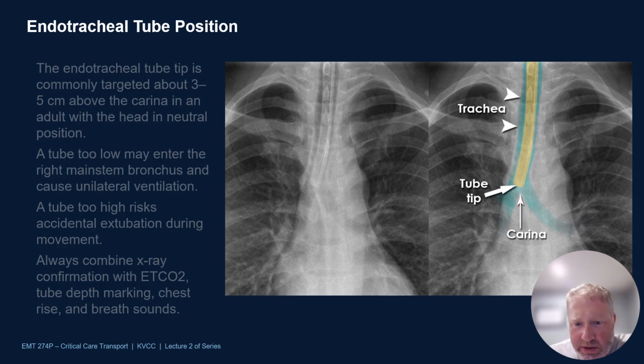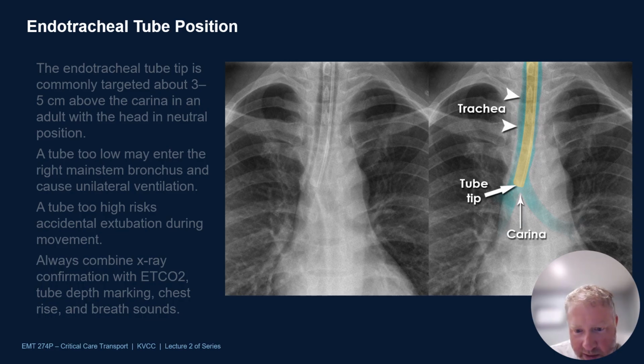Over here, you can see this is kind of highlighted for ease of viewing. This is a similar kind of thing. So here's the endotracheal tube. Here's the tip. Here is the carina right there, and you can see where it bifurcates right there.